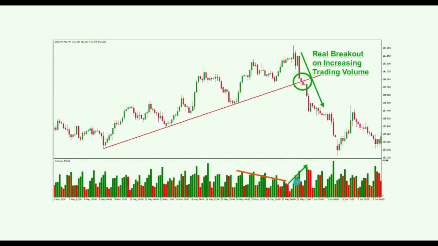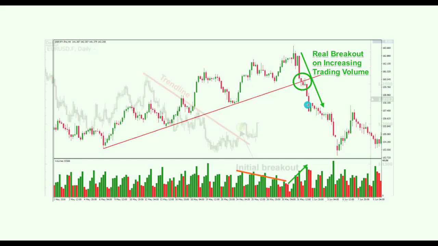If you look at the red volume indicator, the bearish volume indicator here, you can see that it's increasing in price. So once we have this bearish breakout, you can see the volume indicator increases. So we have an increase in the volume momentum, therefore it supports this bearish breakout.